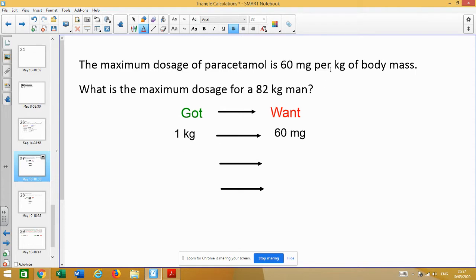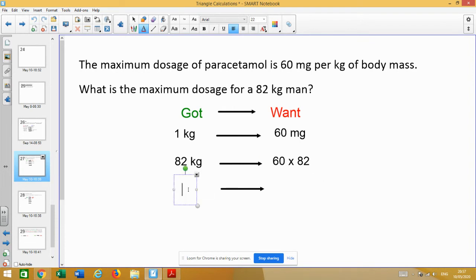And the reason we know it's 1 is because it says per kilogram, so that gives it away. So 1 kilogram can deal with 60 milligrams. Now, we want to know it for an 82 kilogram man, so we've got 82 kilograms, and this one's easy because it's already went to 1 for us, so we just do 60 times 82.